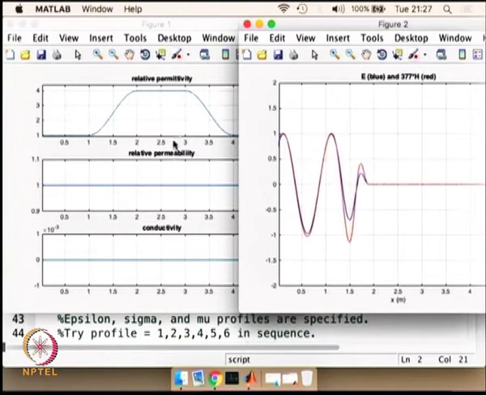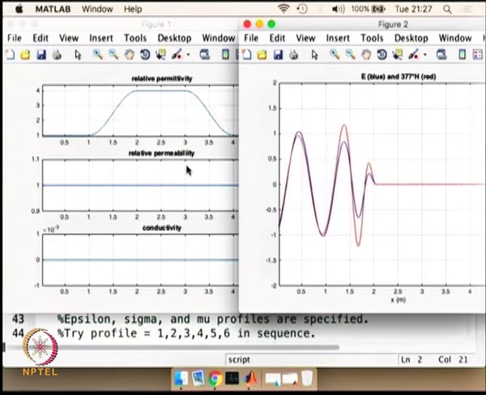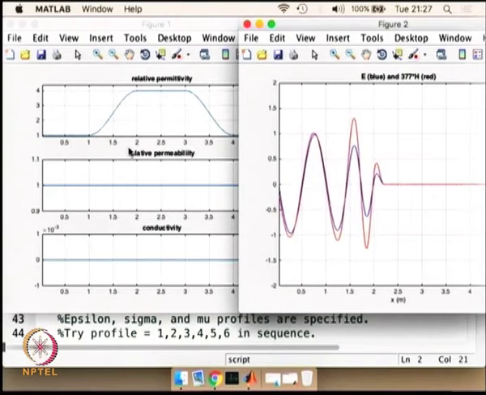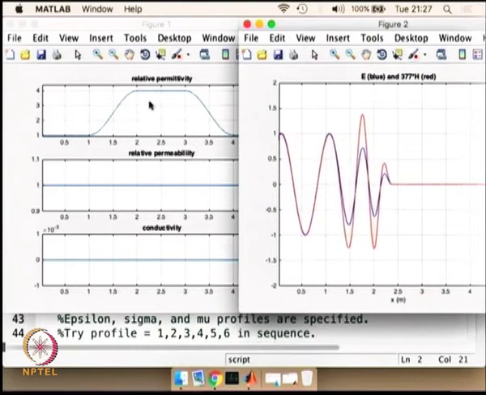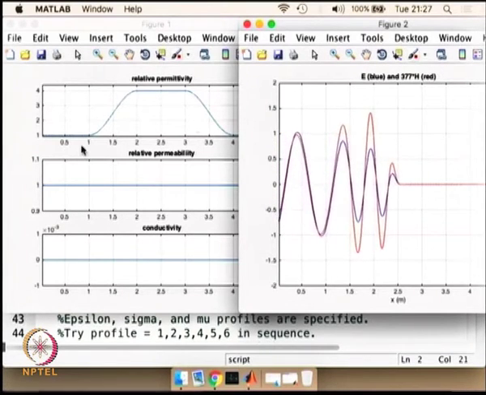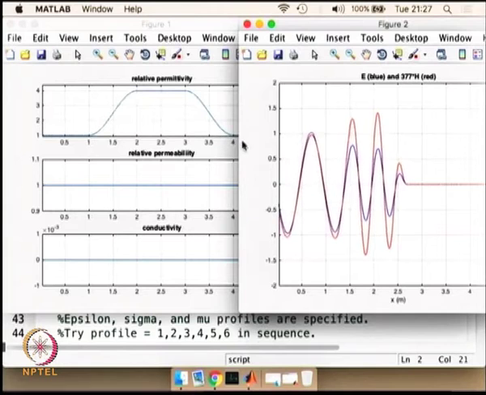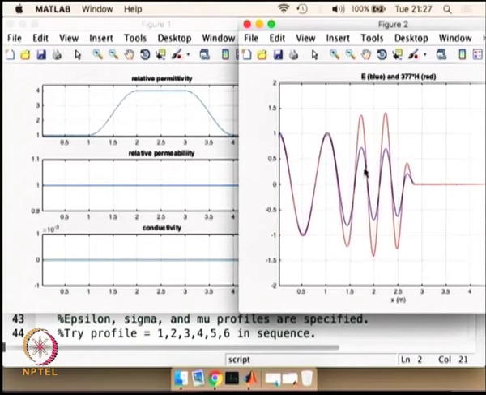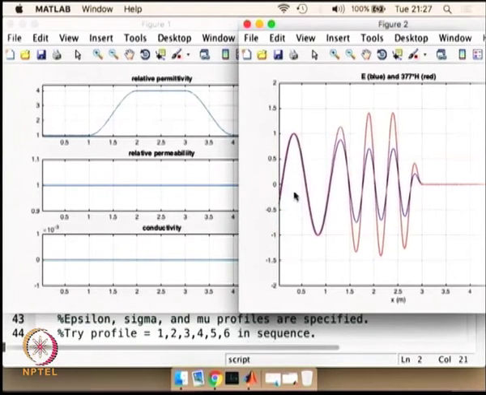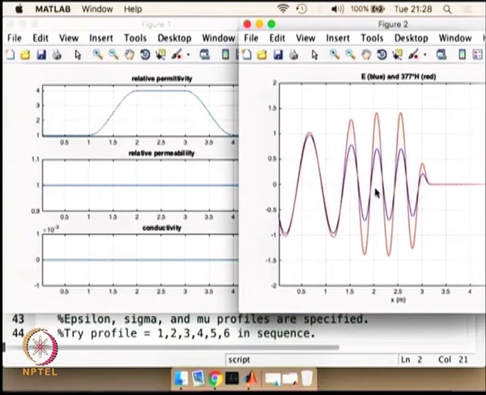The relative permittivity and relative permeability values are here, and what you are seeing is when the relative permittivity is having a certain profile, as we have set here, what we see is some kind of concentration of the incoming wave.